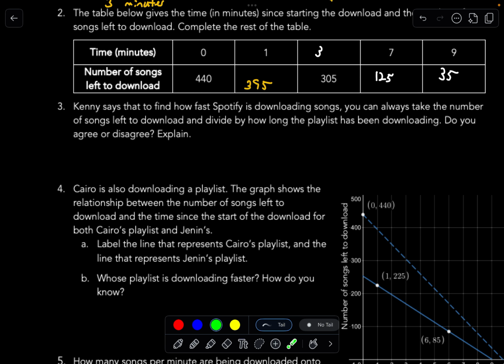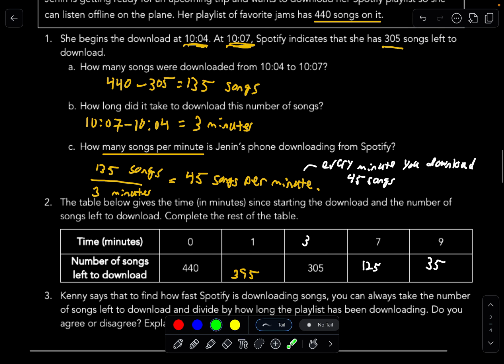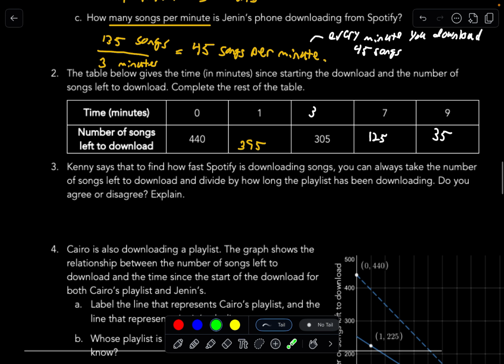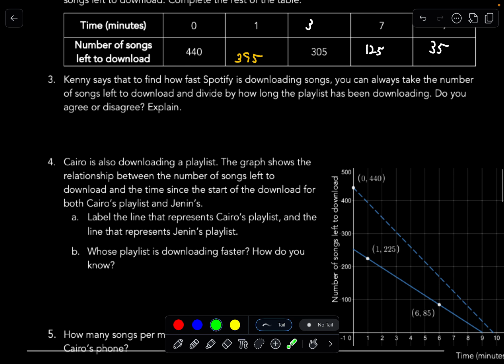But notice what we did up here. We found the difference. We found the total number of songs downloaded. So you would say on this, I disagree. Okay.